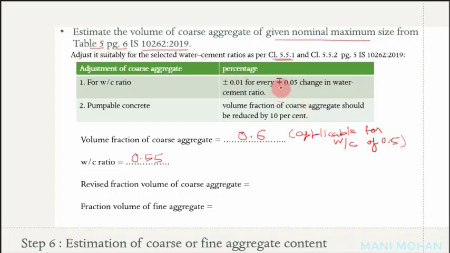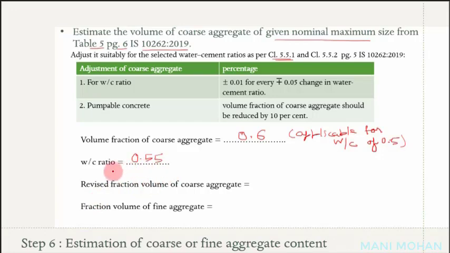Now let us see, if the water cement ratio is increasing by 0.05, then you have to decrease the volume fraction of coarse aggregate by 0.01.